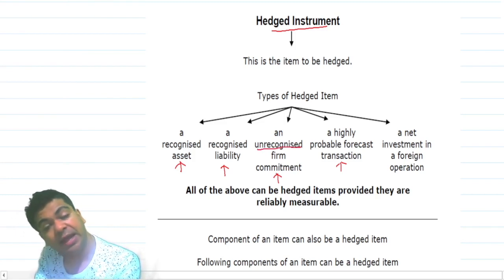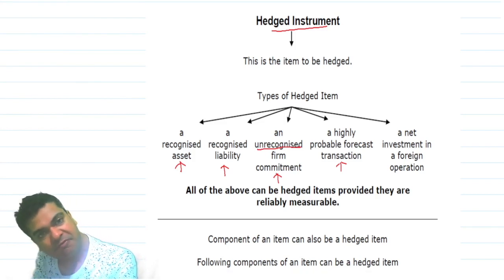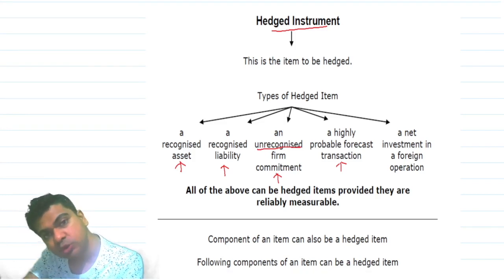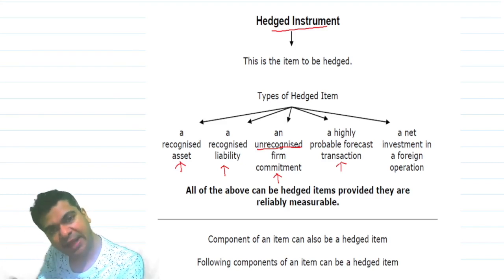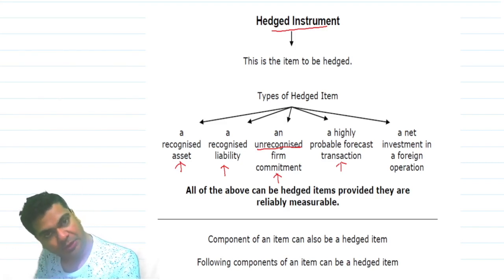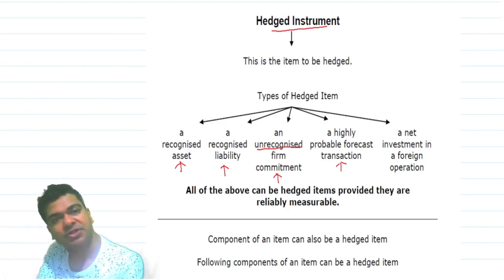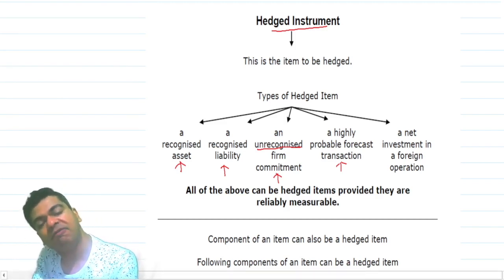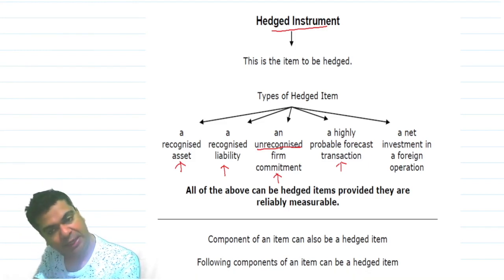Or it may be a highly probable forecast transaction. I am very much of the view that on so and so date, so and so sale will take place, or on so and so date, so and so purchases will take place. So it's a highly probable forecast transaction. I have not entered into a firm commitment, but I am very much confident that so and so transaction will definitely take place.